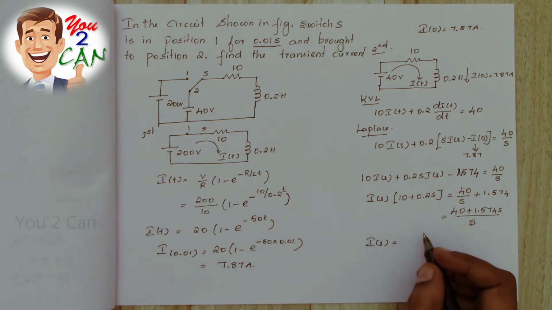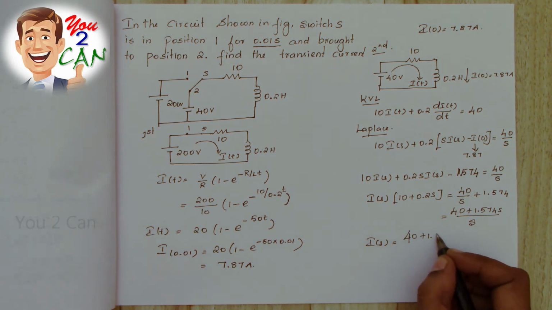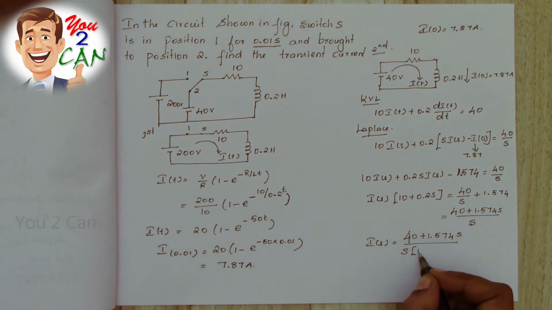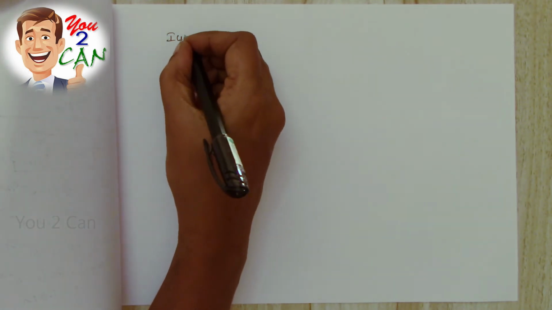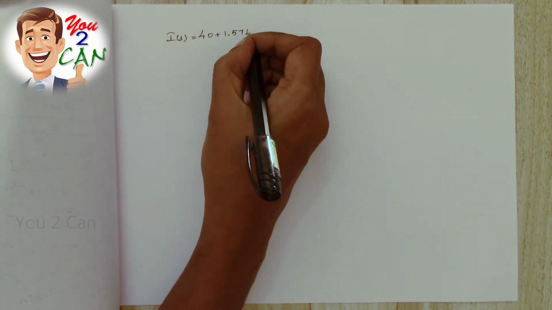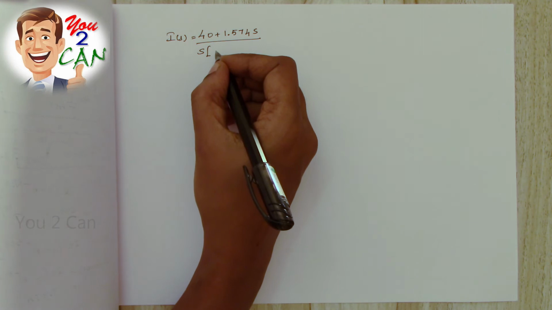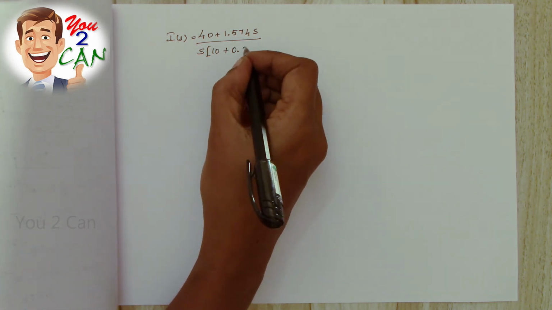I of s is equal to 40 plus 1.574 s divided by s into 10 plus 0.2 s.